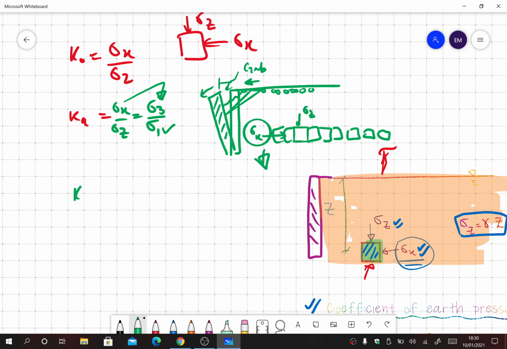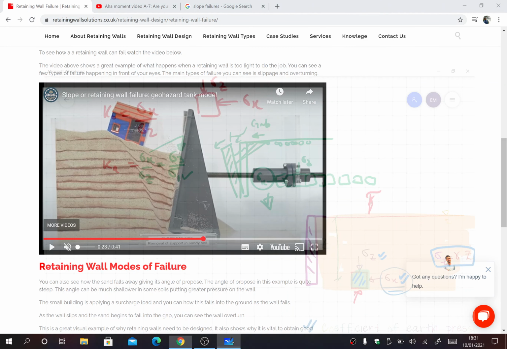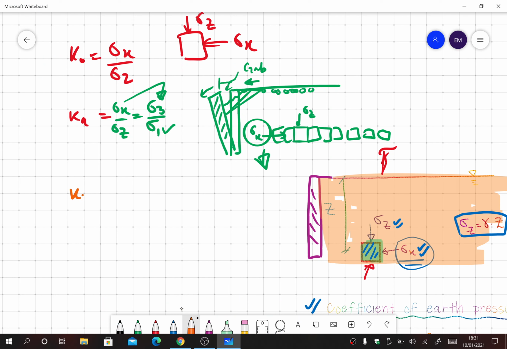Now on the other hand, in the case of passive earth pressure, Kp is equal to once again sigma x over sigma z, that is horizontal stress over vertical stress. This time this is equal to sigma 1 over sigma 3. That means the horizontal stress is the major principal stress and sigma 3, the sigma z, is the minor principal stress.